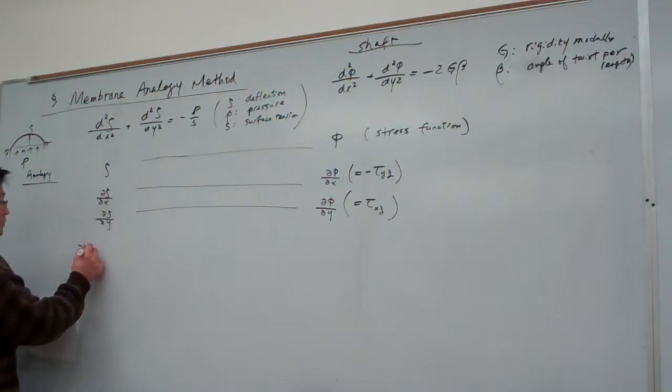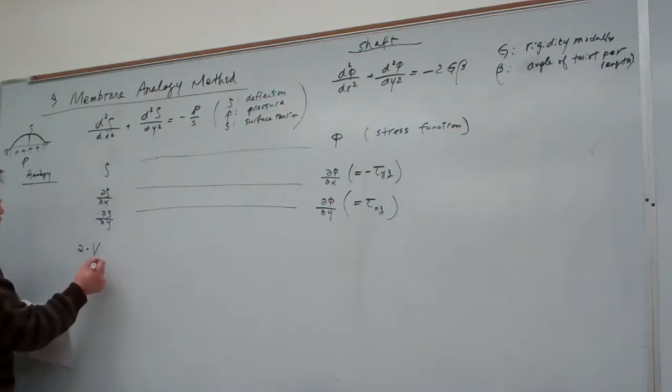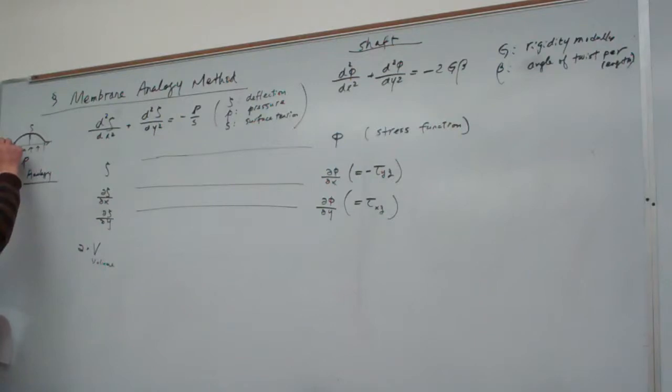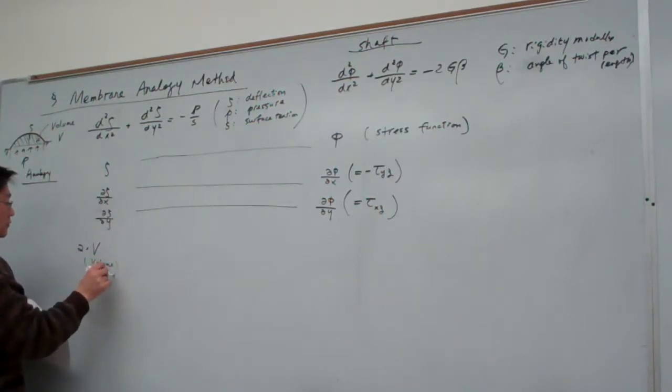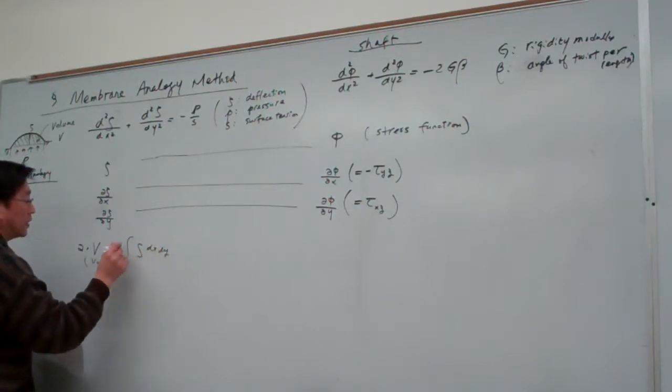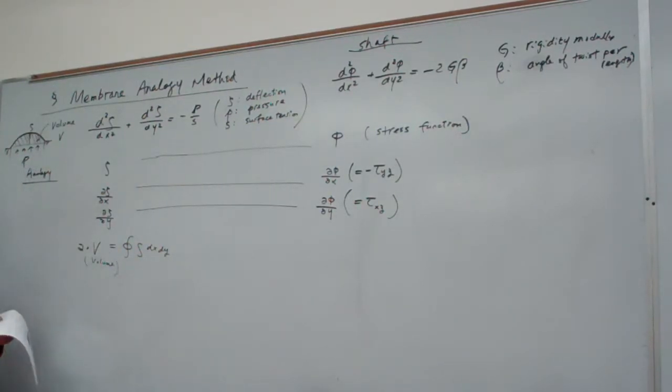Two times volume, V is the volume. So basically here, under the deflection, this is the volume V. V equals the integral of zeta dx dy over the base area.